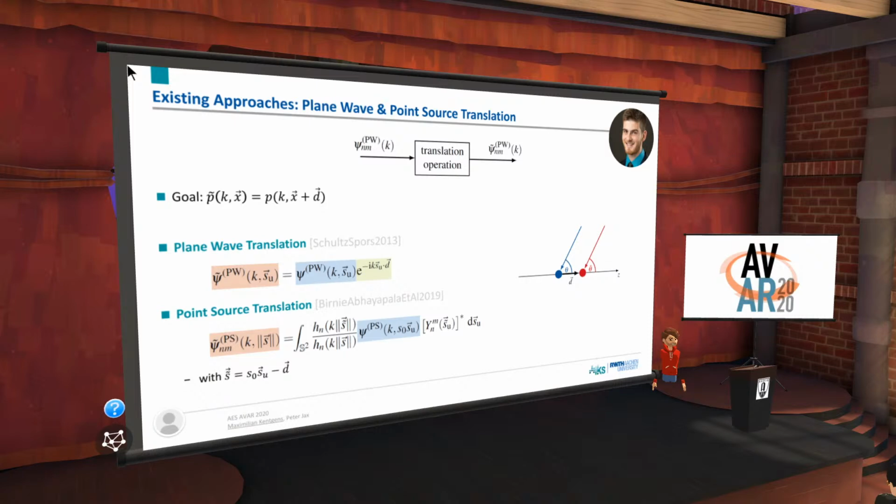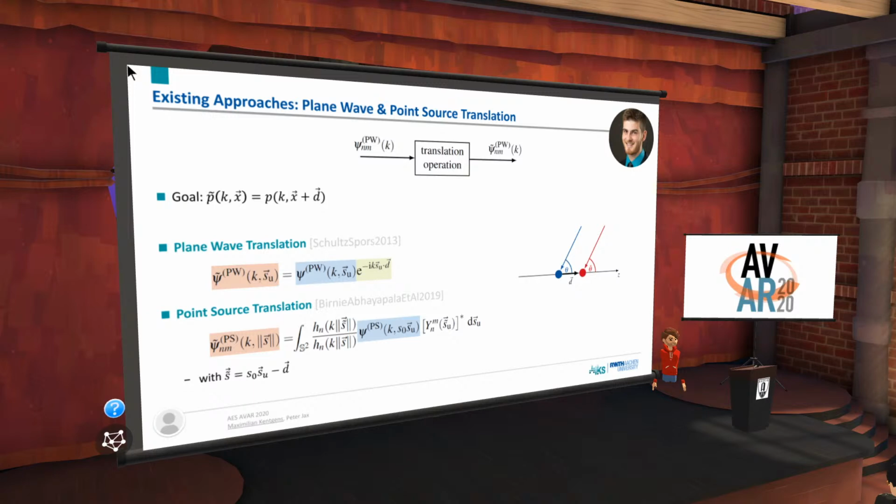The amplitude doesn't change, the directions don't change, which at first glance is not very intuitive. When I considered this the first time, I was really wondering how this can work with near-field sources. But you will see that it can, but only for a very limited displacement. And there's the point source translation method, which is probably even equivalent to the plane wave translation method. I'm not entirely sure, but I think so.